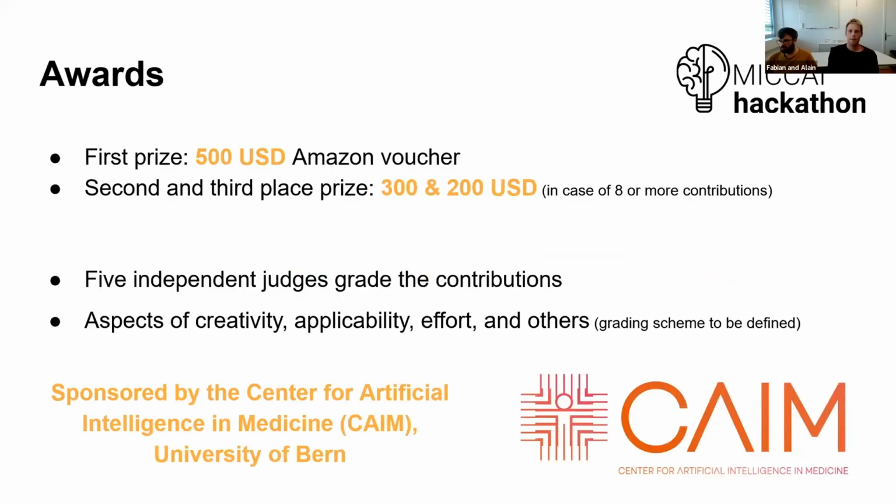The best contribution will get $500 in an Amazon voucher, and second and third place will be provided with $200, but that depends on the number of contributions we get. 5 independent judges will grade the contributions and decide who gets awarded. They will grade on aspects of creativity, applicability, effort, and others that will also be defined, and you will be informed by email or on the website.